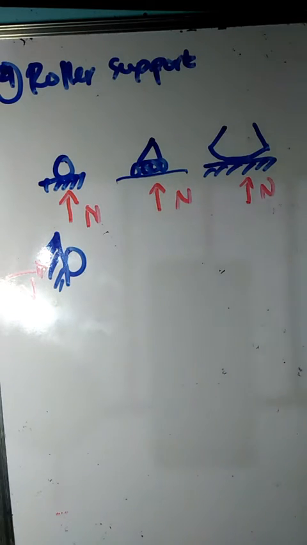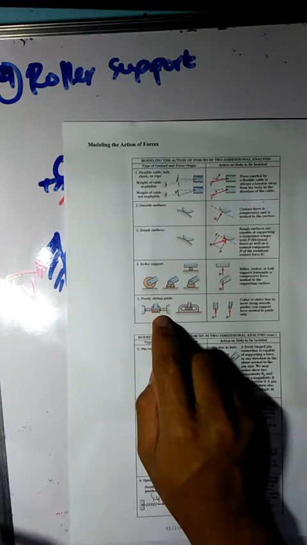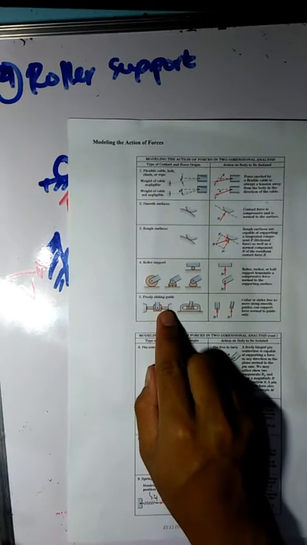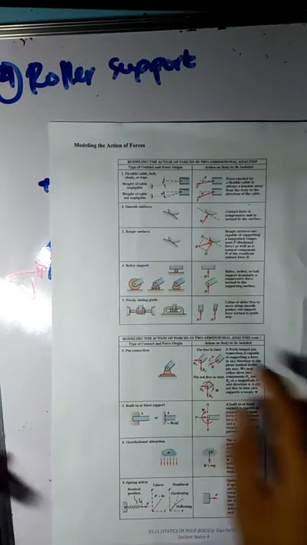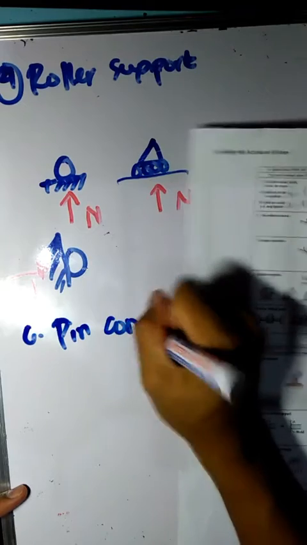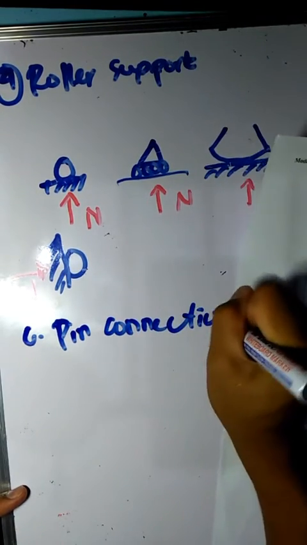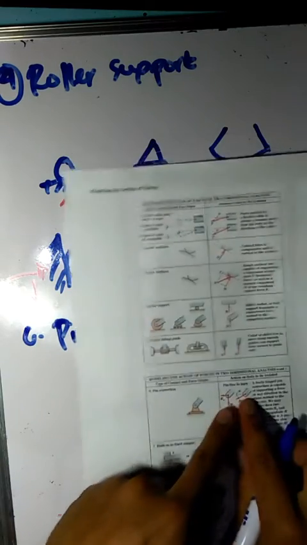Sa number 5 din naman is yung freely sliding guide. Sa freely sliding guide, hindi yan usual. I mean, hindi yan masyadong ginagamit. So, ito yung reaction na mabubuo dyan sa freely sliding guide. Next is sa pin connection. Okay, pin connection. Kapag yung pin ay free to turn, yung reactions lang is dalawa.